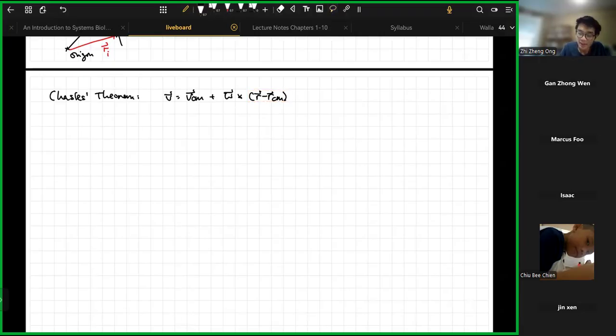So what does this mean again? Let me step back a little bit and describe this. Chasles' theorem says that if you have a system of particles, these guys move and rotate.